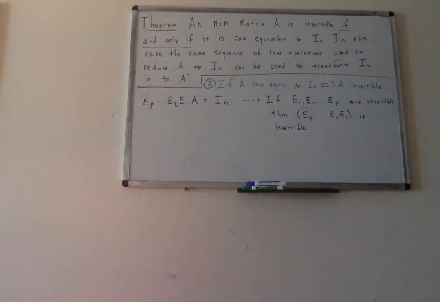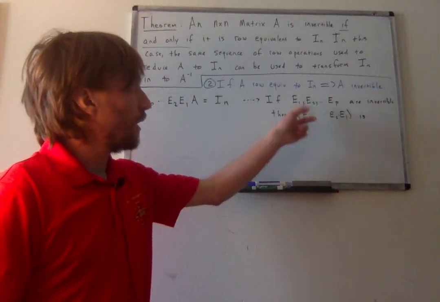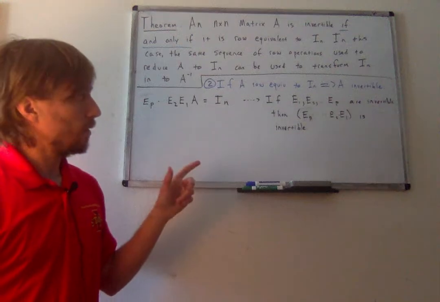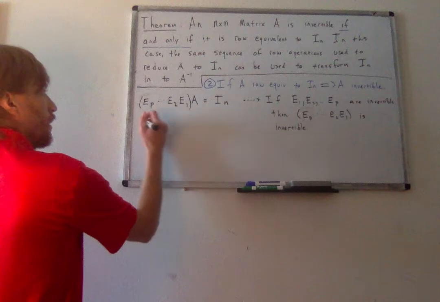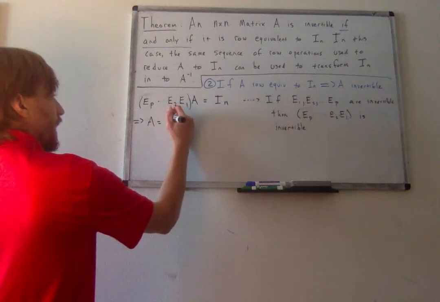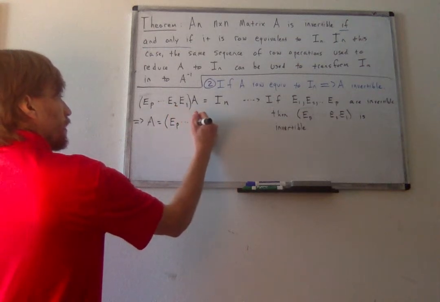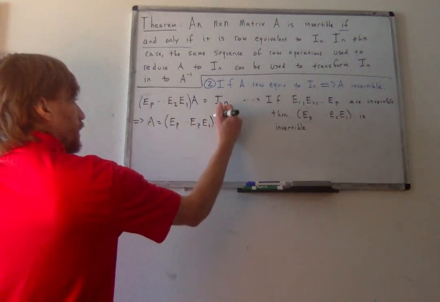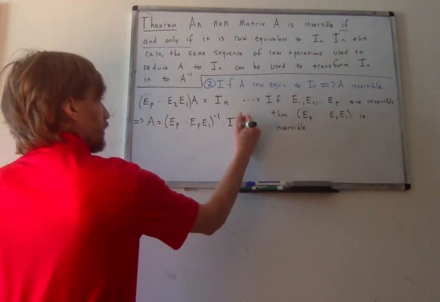So if a collection of matrices is invertible, then the product of all of those matrices is also invertible. That means this product has an inverse, and so I can multiply on both sides by its inverse and get that A is equal to the inverse of EP through E2 times E1, times the identity.